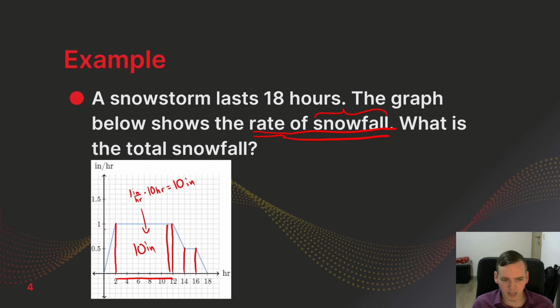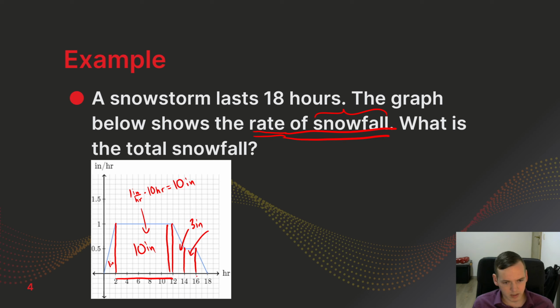So by using that same logic, in this first section, we see 2 hours times 1 inch per hour divided by 2, so that's going to be 1 inch. In here, this is going to be 0.5 plus 1 divided by 2, so that's 0.75, because it's the area of a trapezoid. 0.75 times 2 would give us, this will be easier if I just think, 1.5 times 2, so that'll be 3 inches.